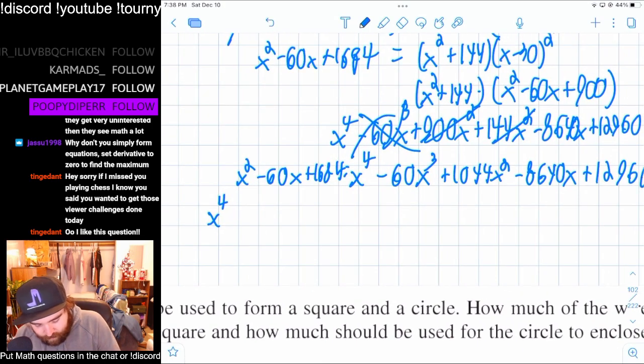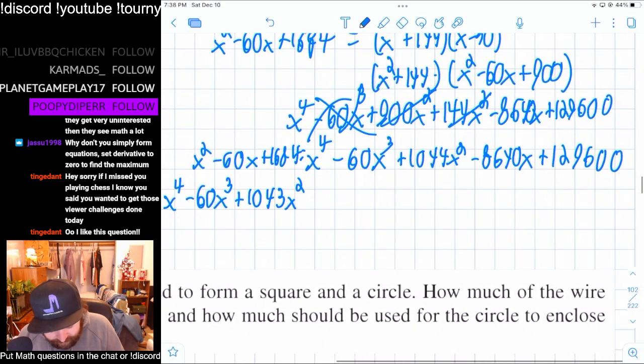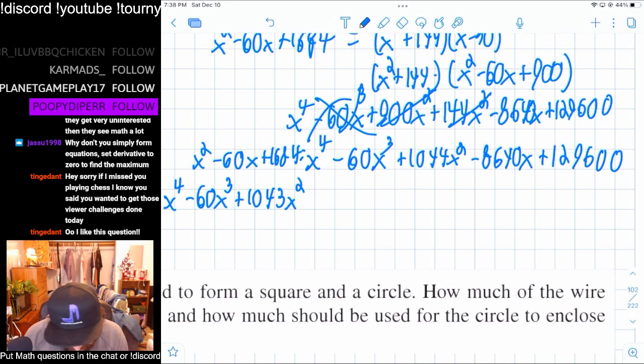X to the fourth minus 60x cubed plus 1043 x squared. Now I'm adding the 60x to the other side.